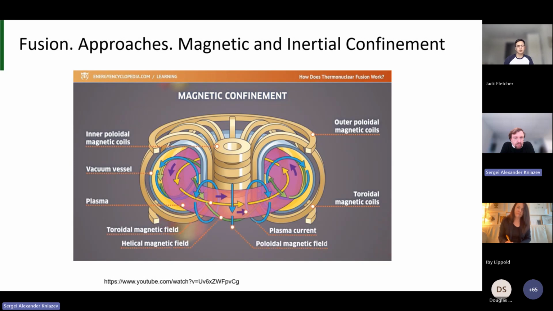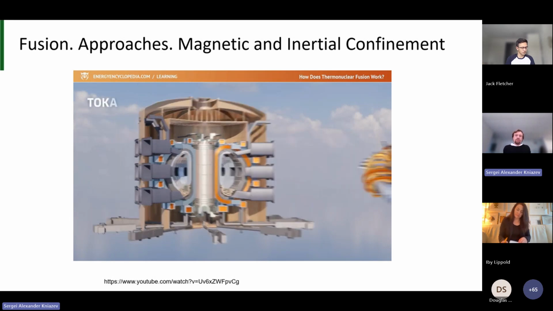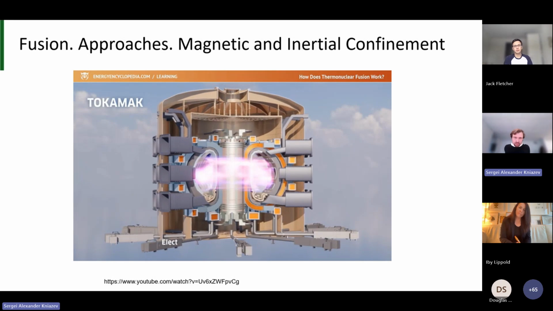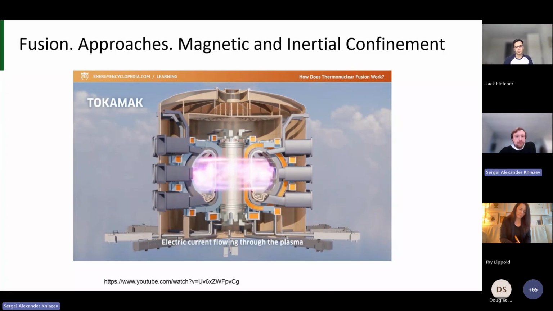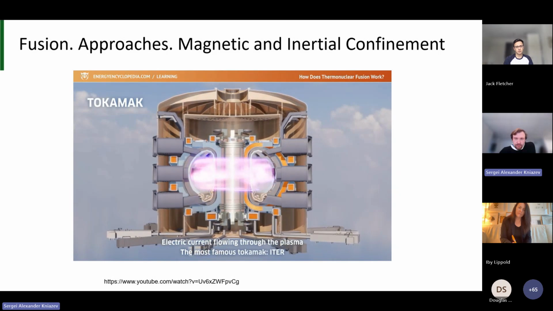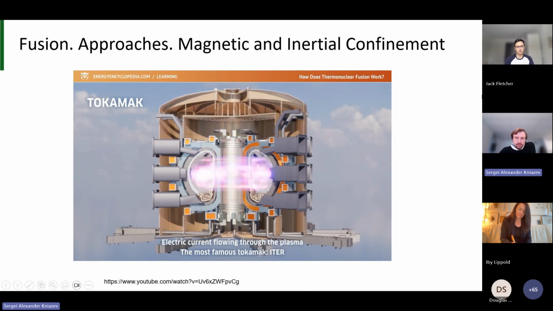On the other hand, the confinement time ranges from tens to hundreds of seconds. Tokamaks and stellarators are based on the idea of magnetic confinement. Tokamaks create an additional toroidal magnetic field excited by an electric current flowing directly through the plasma. The most famous tokamak is the International Thermonuclear Experimental Reactor, ITER, which is being built in Cadarache, France.